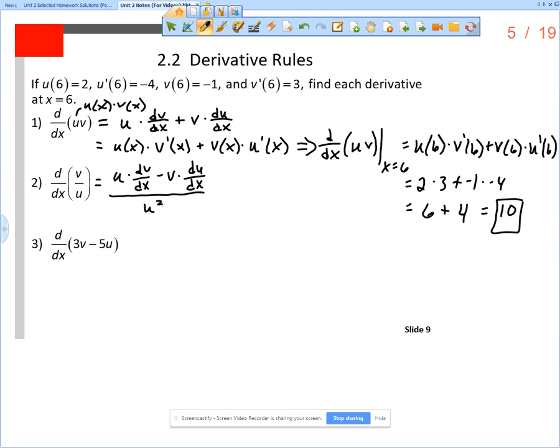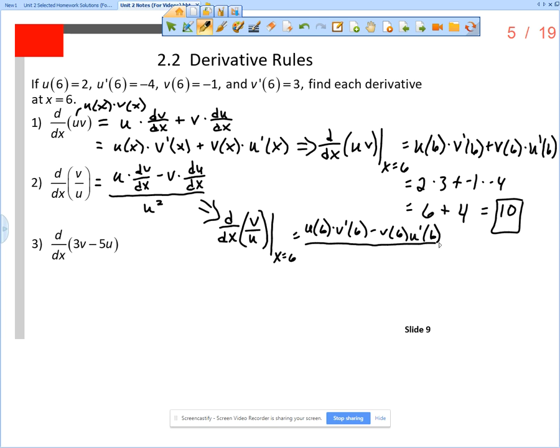Now, remember, we want to evaluate this at x equals 6. So we're going to say the d dx of v divided by u evaluated at x equals 6 is going to be u of 6 times v prime of 6 minus v of 6 times u prime of 6, all divided by u of 6 squared.